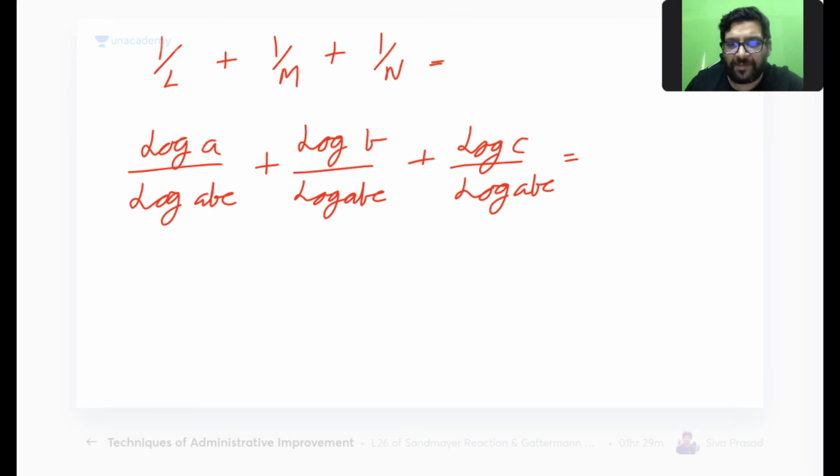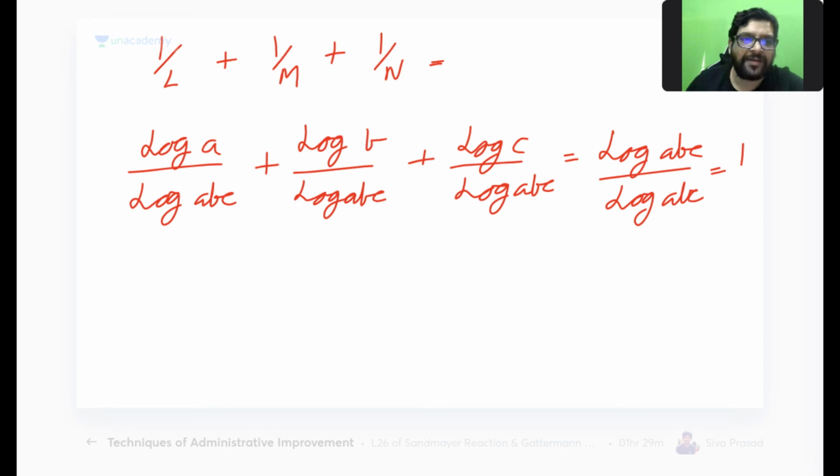So log A plus log B plus log C, so this will be log ABC by log ABC, which is 1.